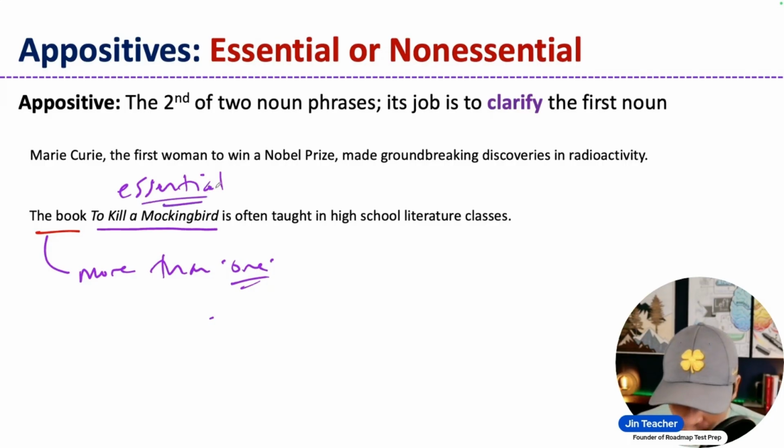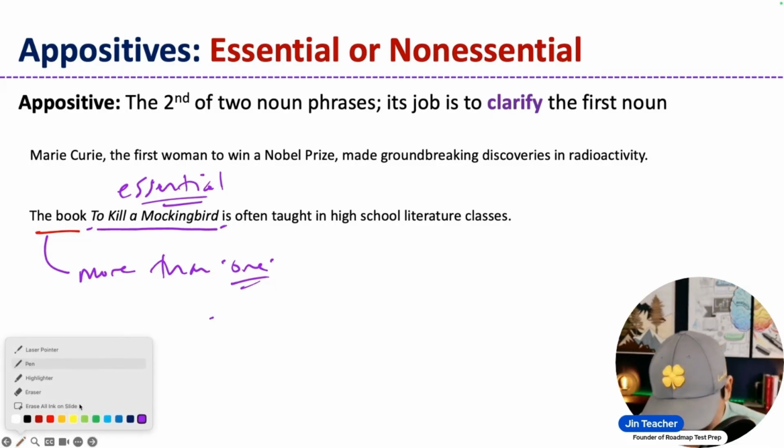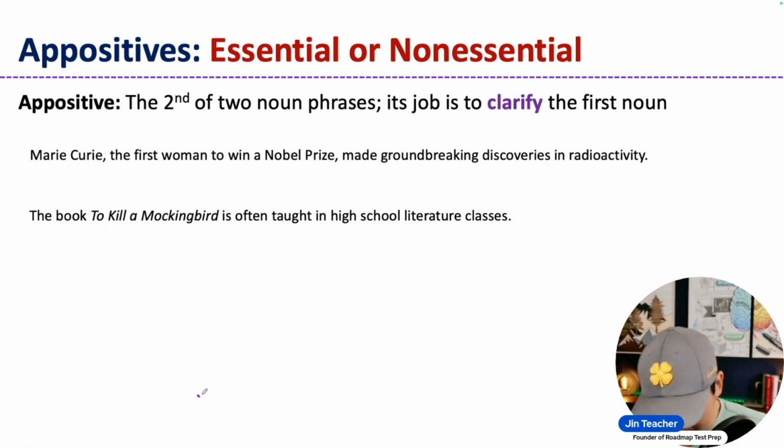Which you notice, there are no commas that surround the information. And so because the first noun refers to more than one, the appositive is essential here.